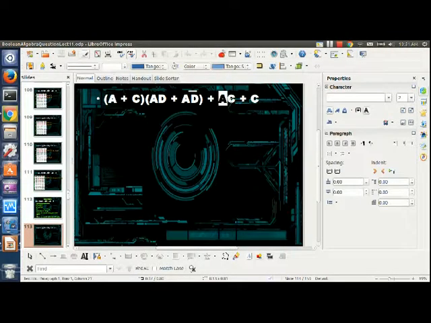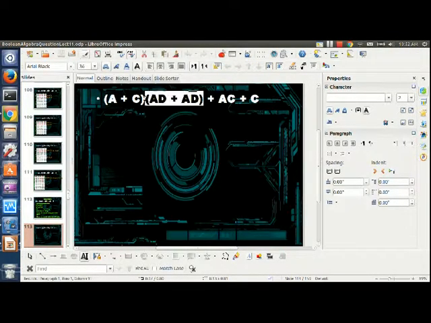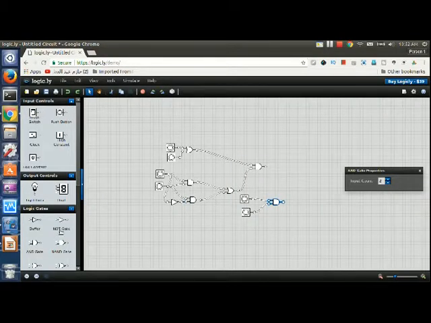I have the AC and it, and I have all the rest also ANDed together, and now I'll OR both of those, and I OR it at the end with a C. So here's another OR, those two ORed together.